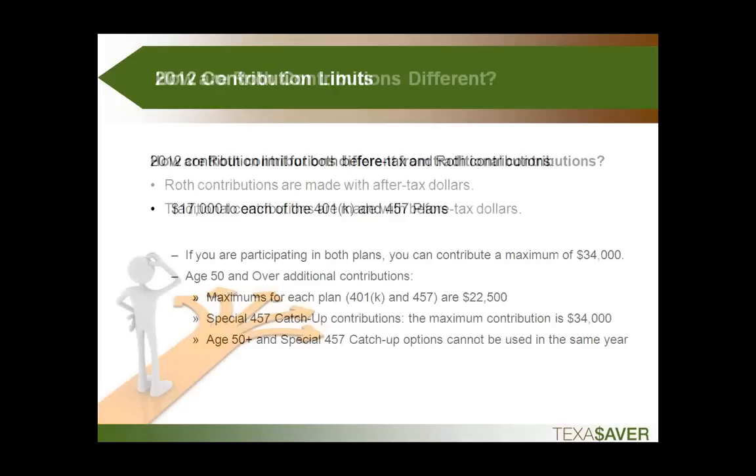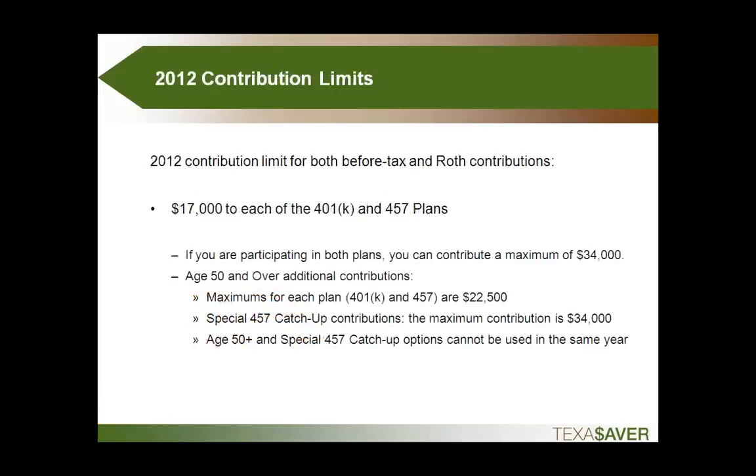Some of you may be aware that contribution limits to the plan periodically change, and in 2012 the contribution limit for both before-tax and Roth contributions will be $17,000. If you participate in both plans, the 401k and 457, that's a combined total of $34,000.